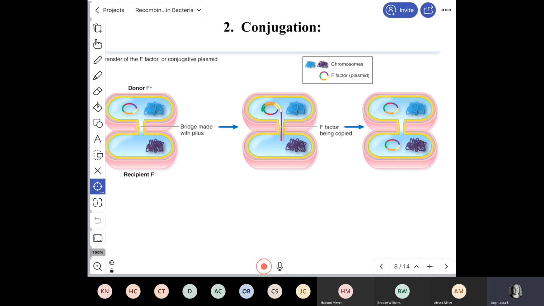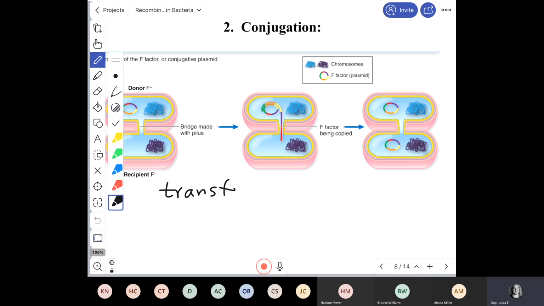So remember that a pilus is that hollow connecting tube that allows bacteria to send things from one cell to the other cell. So this requires a pilus. And what goes through the pilus has to be a plasmid. It has to be a particular type of plasmid.